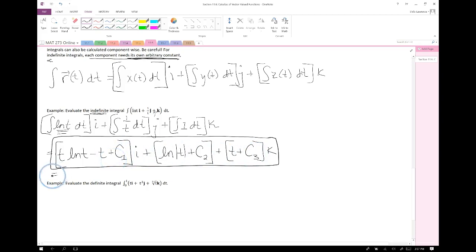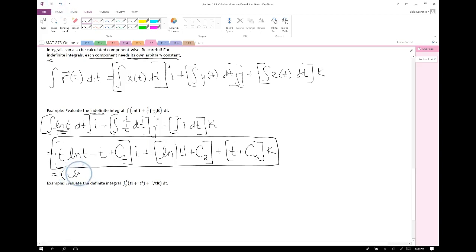You may also see those arbitrary constants pulled off to the side in their own separate vector. So I sometimes see this as natural log of t i, doing my antiderivative.